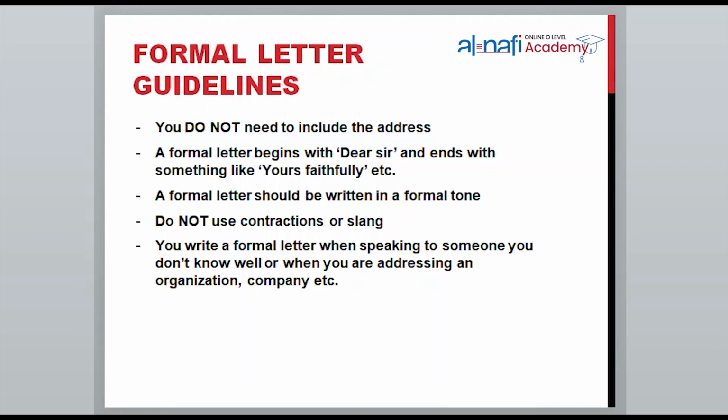Fourthly, do not use contractions, which are short forms. So for example, instead of writing I have, you write I've. Or instead of writing cannot, you write can't. No, you have to write the complete form. And also you cannot use colloquialism or slang. By colloquialism and slang we mean terms that are not part of standard English.